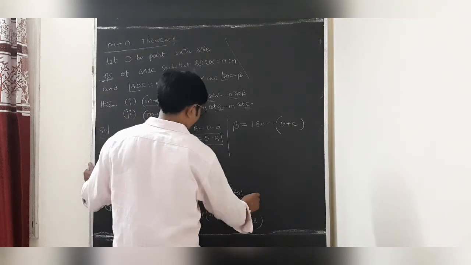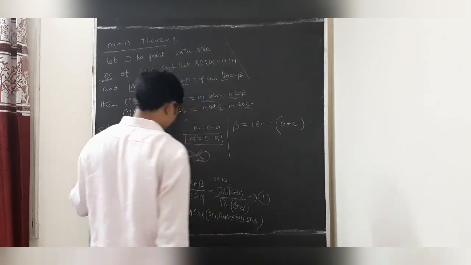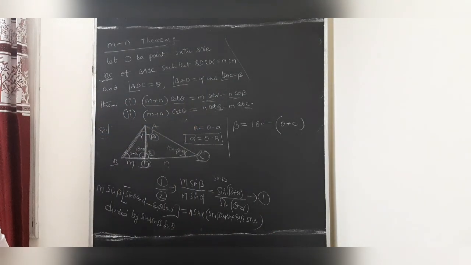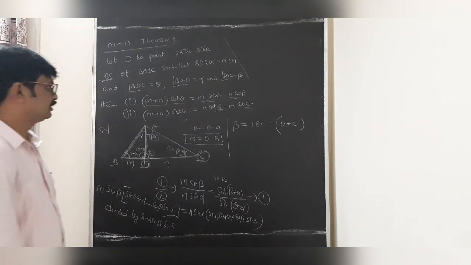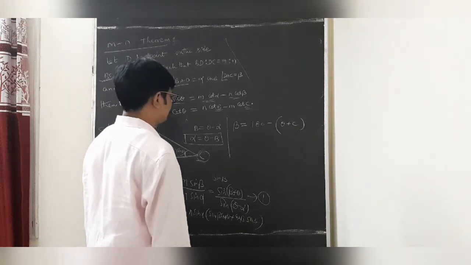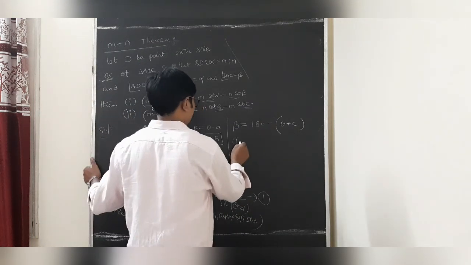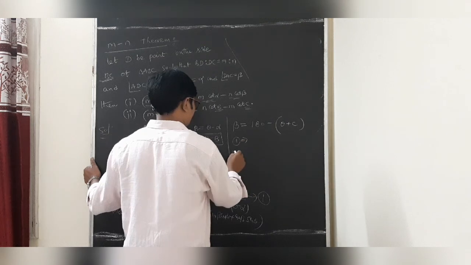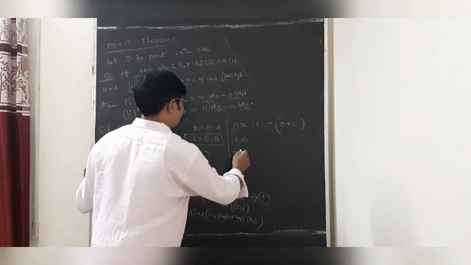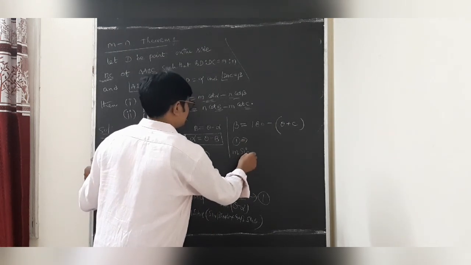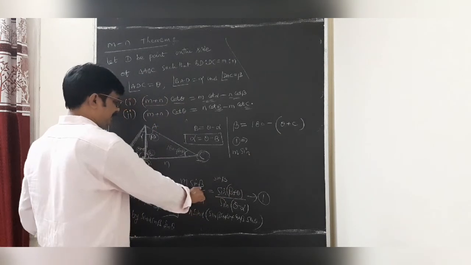Now this will be taken as equation 1. Dear students, how can you write equation 1? Equation 1 implies m sin beta. What is beta?